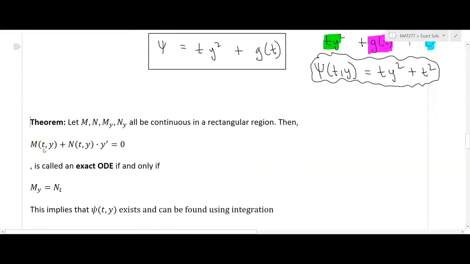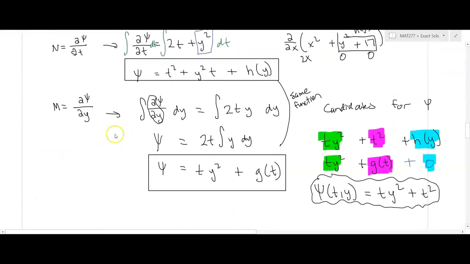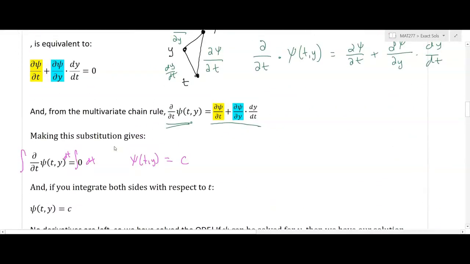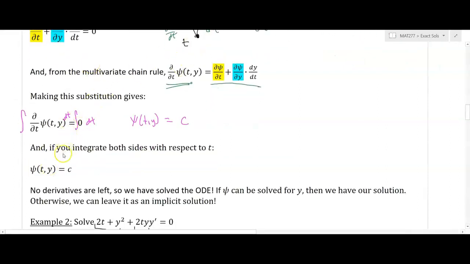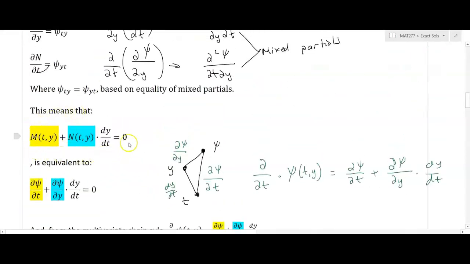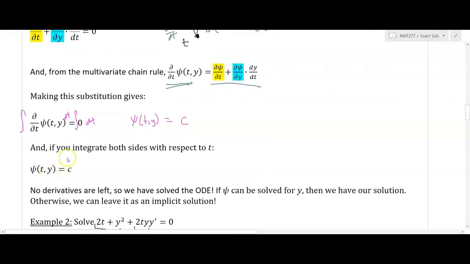So, in its totality, what do we have now? Well, we found this function that, according to all of our substitutions, is the solution to this differential equation right here. If we could find that function psi, then psi equals c is the solution.